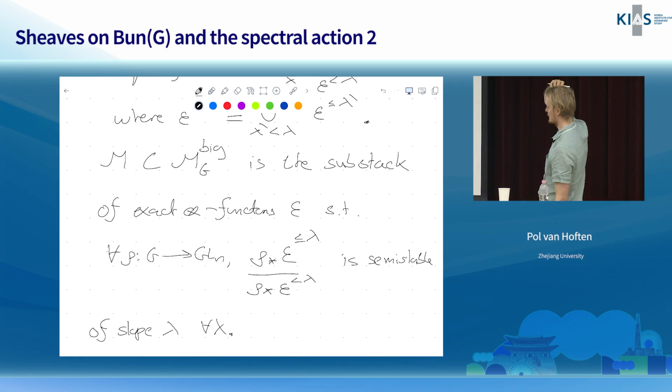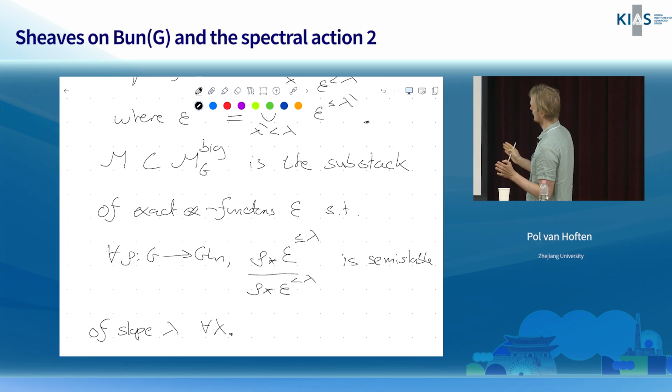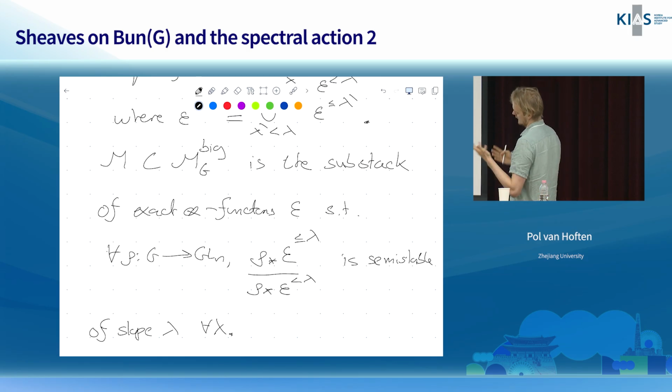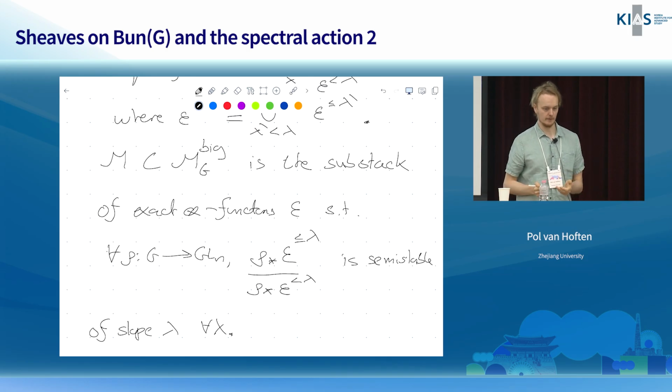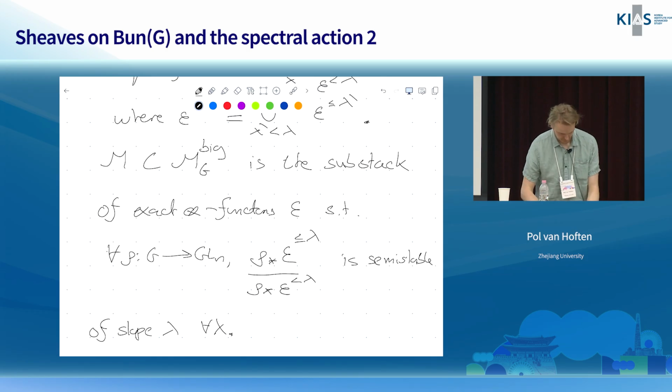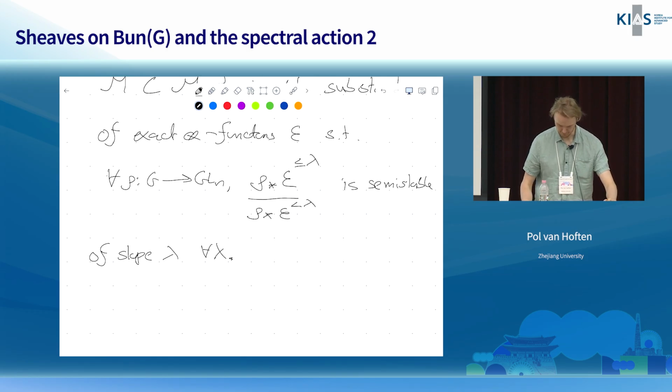This is a natural condition to put. Of course, for most lambda this will be 0, and the 0 vector bundle is semi-stable of any slope. So this makes sense. This is just the definition of M.